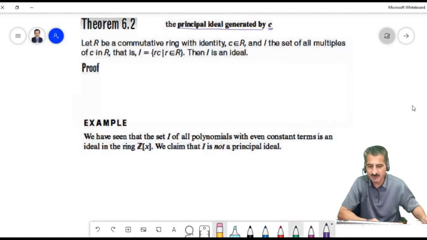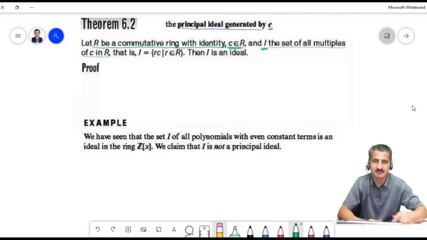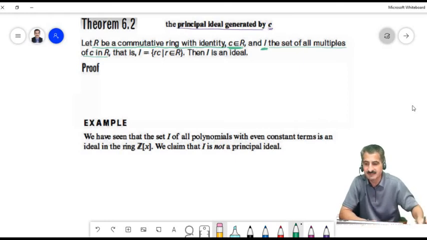In order to define such ideals, we assume that we are in a commutative ring with identity, and choose C, any element from R. Define I to be the set of all multiples of C in R, which means we multiply C with any other element from R. That is, I equals r times C, where r is any element of R. Then I is an ideal.